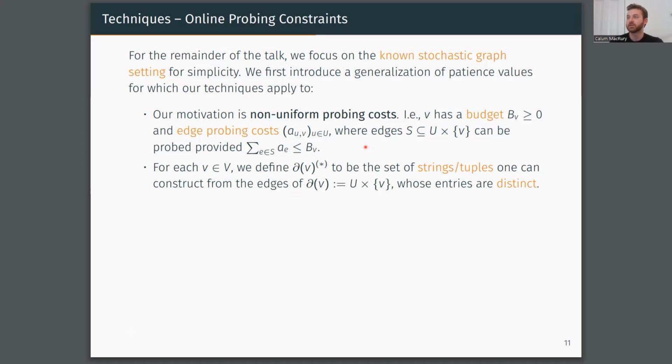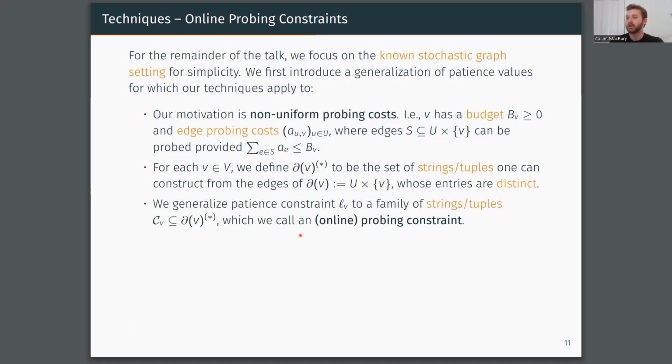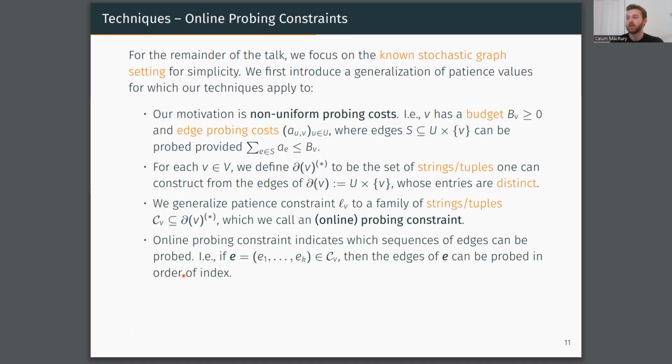where I can probe a selection of edges provided the cumulative cost doesn't exceed the budget. Okay, so that was our motivation. The way we come up with a generalization for this is we look at the set of all strings that one can construct from the adjacent edges of v. And then we define an online probing constraint to be a collection of sequences of edges. So that's what this script C of v is.